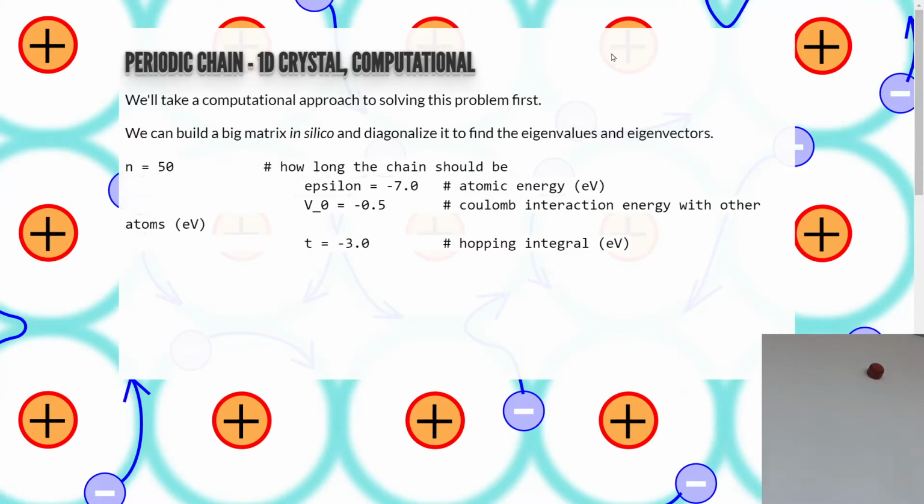And I'm going to have this hopping integral as minus 3, which means there's quite a big chance of hopping from one atom to another. So those are my parameters. They're all energies, they're all in electron volts here, rather than SI units. I didn't want to have 10 to the minus 19s flying around, so they're in electron volts.